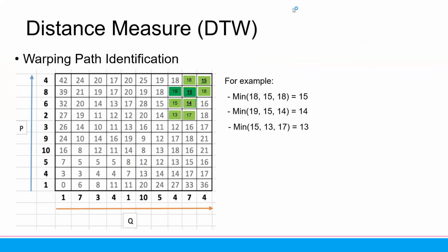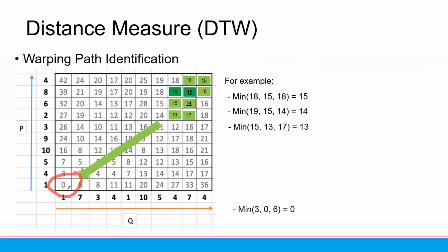After we select 14, again we need to select the minimum in the surrounding of 14. 15, 13, 17. The minimum is 13. Then we go to the 13. And so on until we finish it to the bottom left.